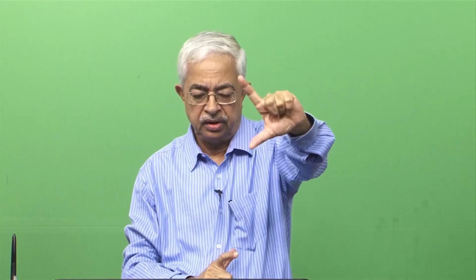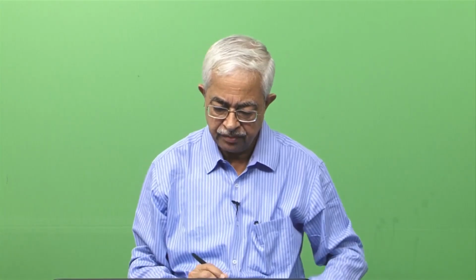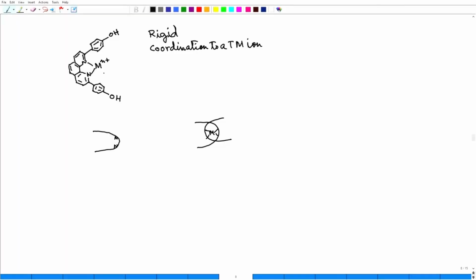And how will it happen? We took a rigid moiety. Here we have a rigid moiety from the previous class.